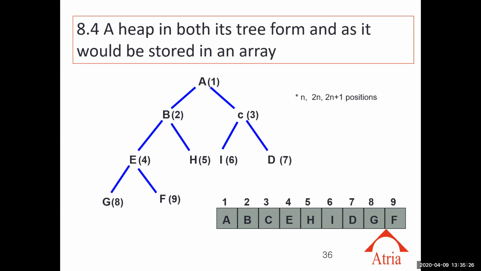In the representation, A is position 1, B is 2, C is 3, E is 4, and so on. Positions 1 2 3 4 5 6 7 8 9 represent the memory addresses, and in those consecutive memory locations we have placed the tree node values A, B, C, E, G, E, H, I, D, G, F. Normally we define the tree with three positions, n, 2n and 2n plus 1, where n is the root node, 2n is the left node, and 2n plus 1 is the right node. So this is the normal representation.